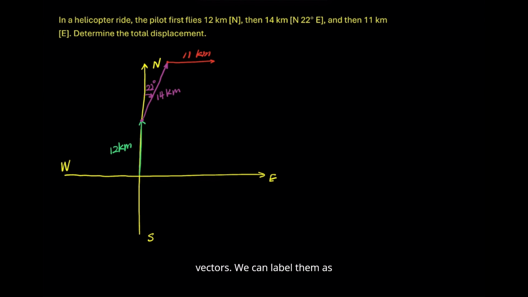We can label them as delta D1, delta D2, and delta D3. And the little arrow on top of this D is a reminder that each of these is not just a number, it's a vector that has both a specific length and a direction.